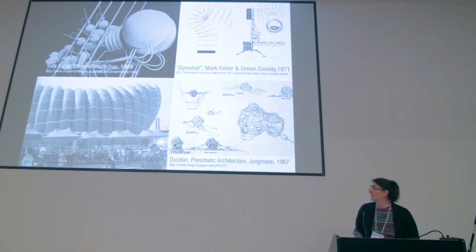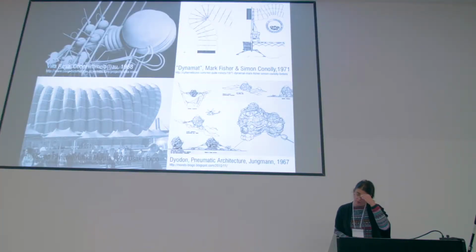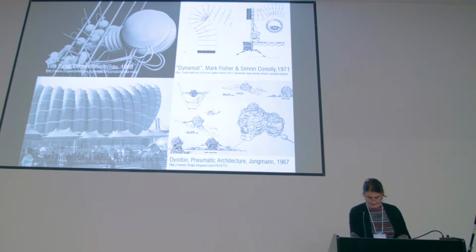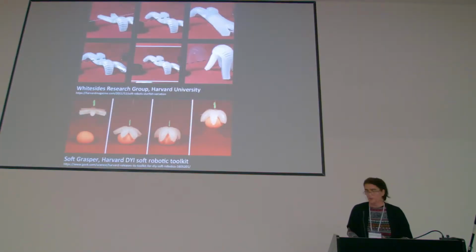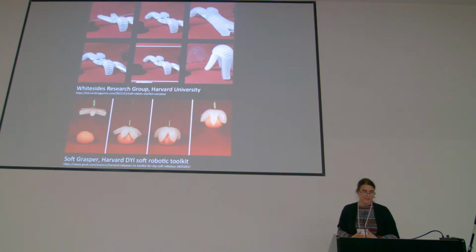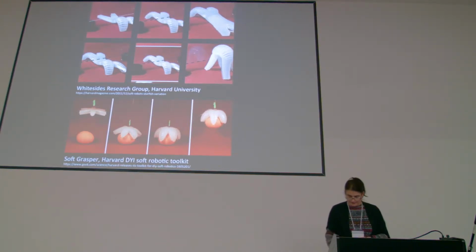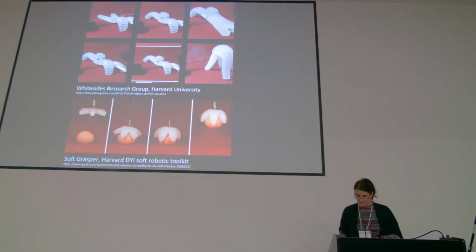This project is inspired by the rich history of pneumatic structures in architecture, but it is also inspired by soft robotics, the soft robots built lately that can move or pick up fragile objects by manipulating the inflation and deflation patterns.